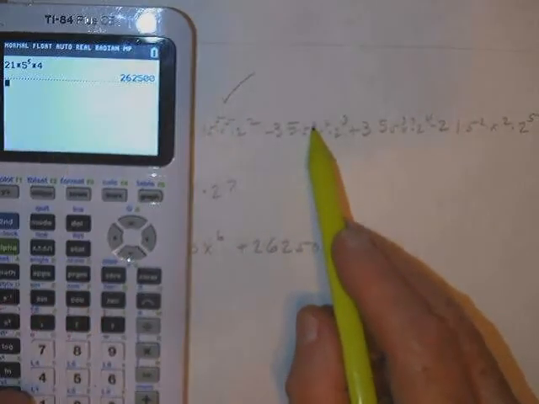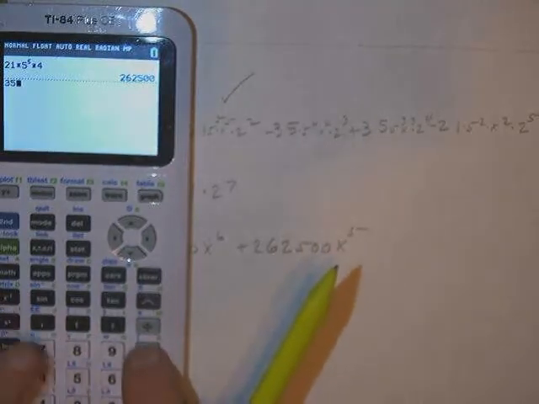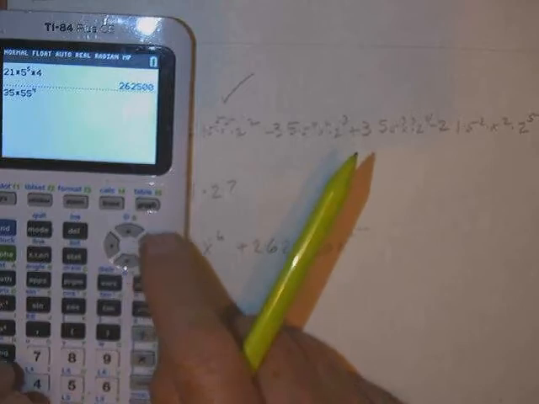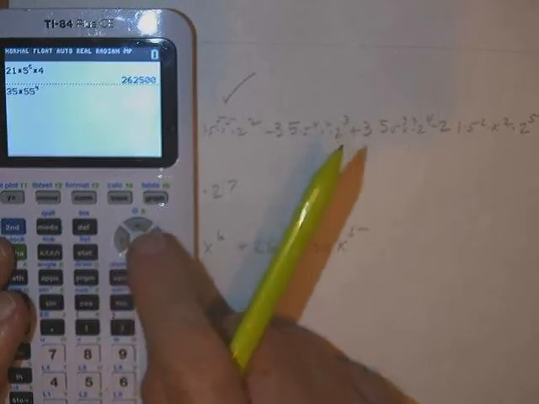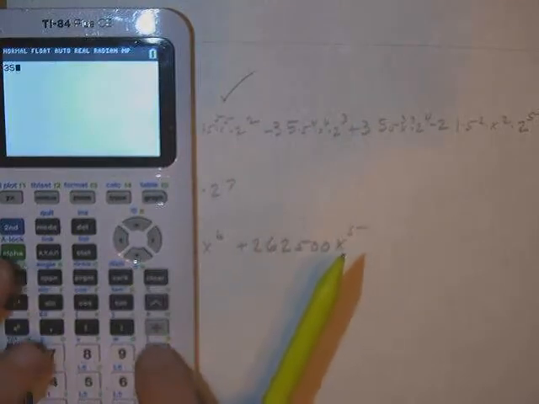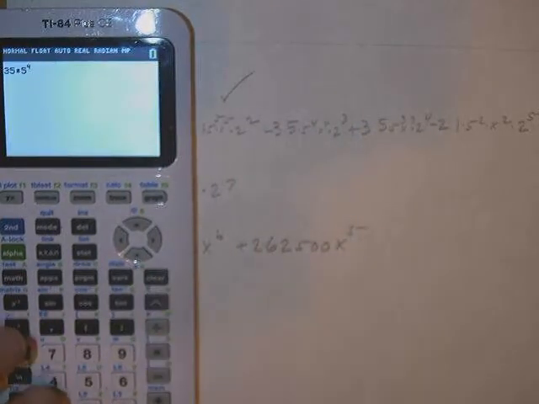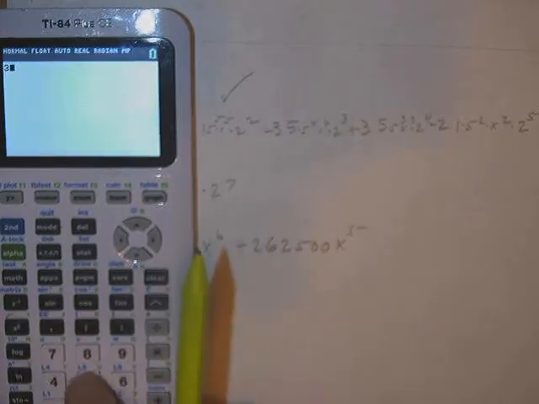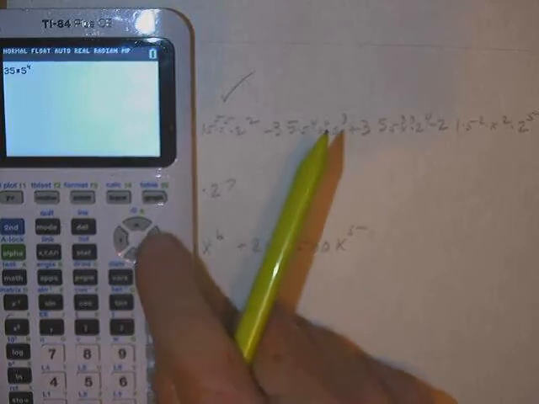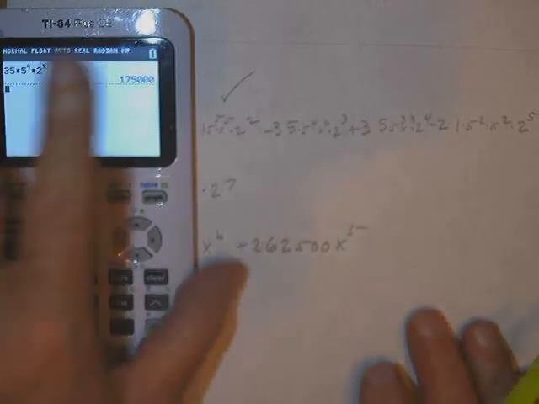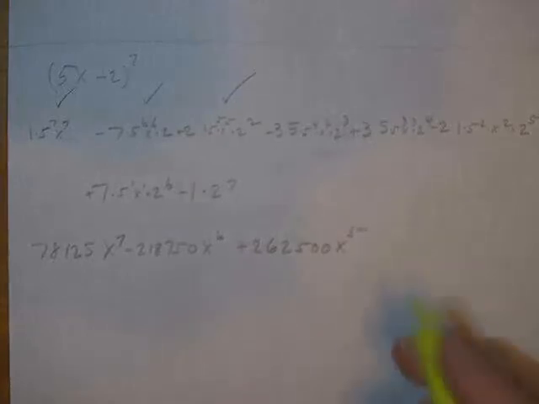I've got 35, 5 to the 4th, and 2 cubed. 35 times 5 to the 4th times 2 cubed. 175,000.